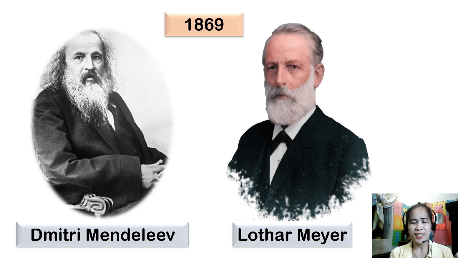It is interesting to note, guys, that these two scientists did not personally know each other, but they came up with the same conclusions. Both scientists were teachers living and working in different places. Meyer lived and worked in Germany while Mendeleev was in Russia.